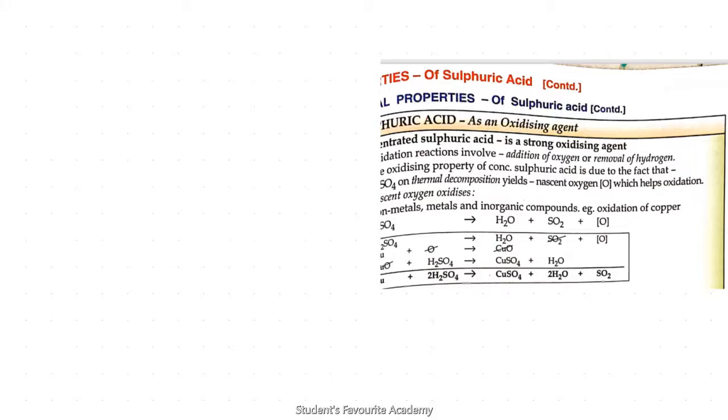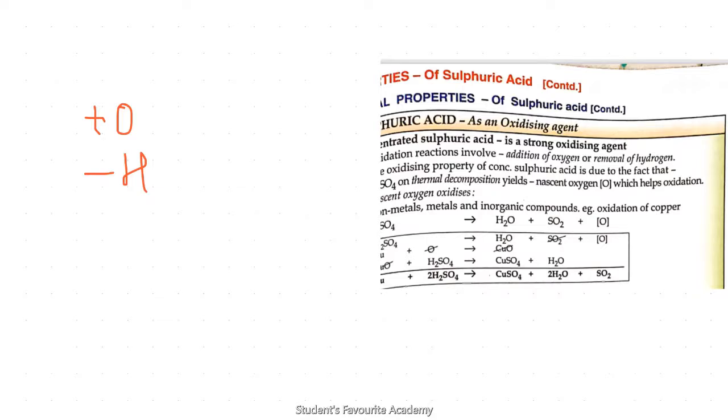It's a very strong oxidizing agent. Oxidation reactions involve addition of oxygen, because whenever oxidation is taking place, oxygen is being added, or else hydrogen is being removed. This is what an oxidation reaction is.